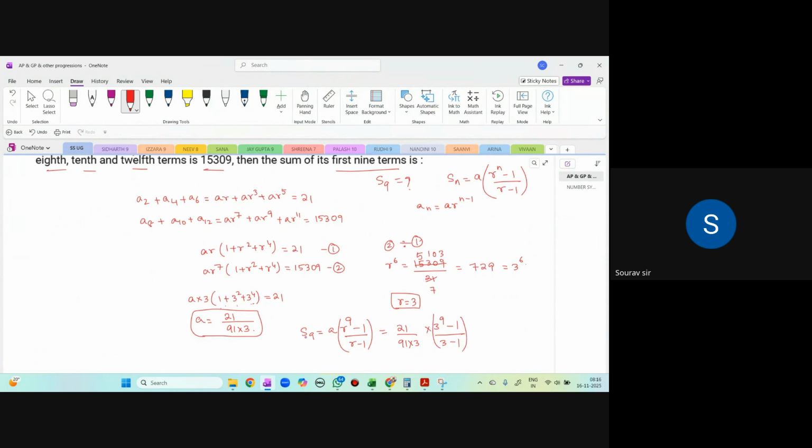So 3 to the power 9 means 729 into 3 to the power 6, 27.